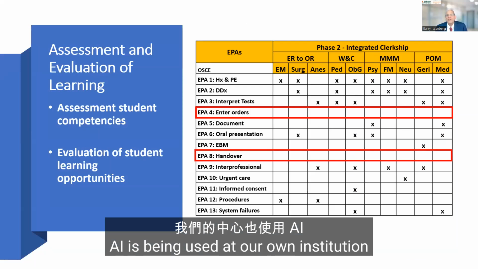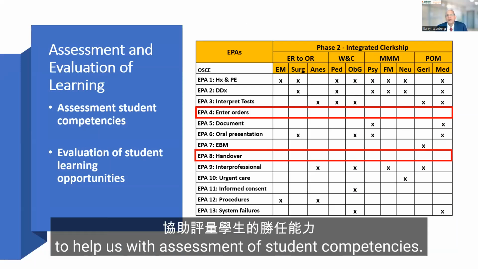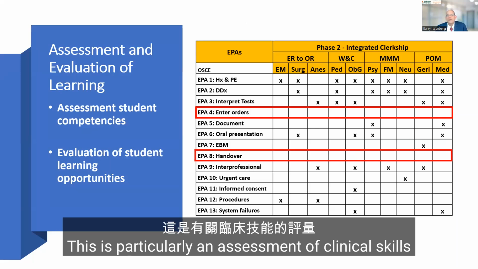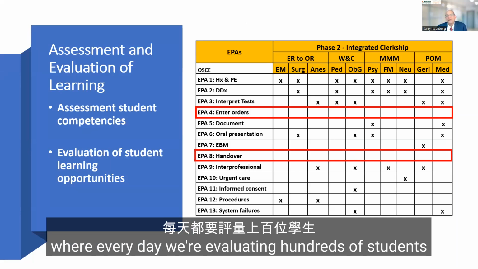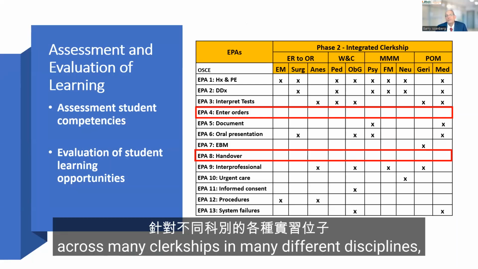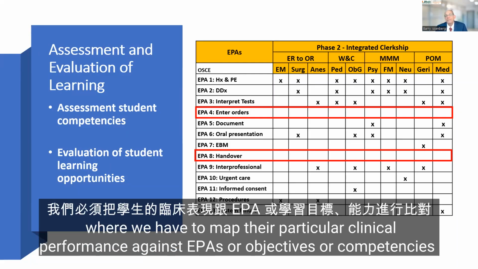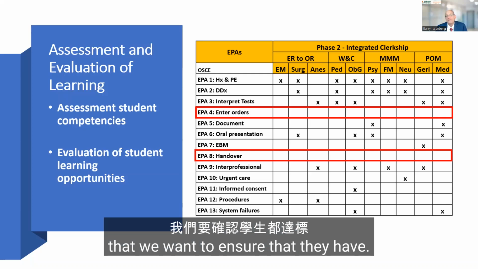AI is being used at our own institution to help us with assessment of student competencies. This is particularly on assessments of clinical skills, where every day we're evaluating hundreds of students across many clerkships and many different disciplines, where we have to map their clinical performance against EPAs or objectives or competencies that we want to ensure they have.